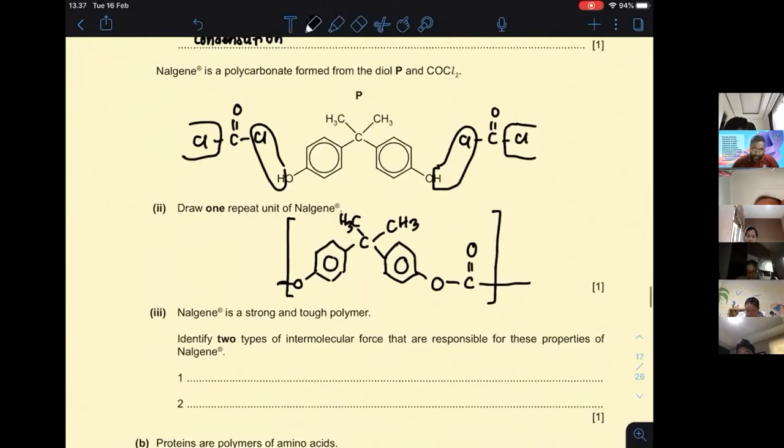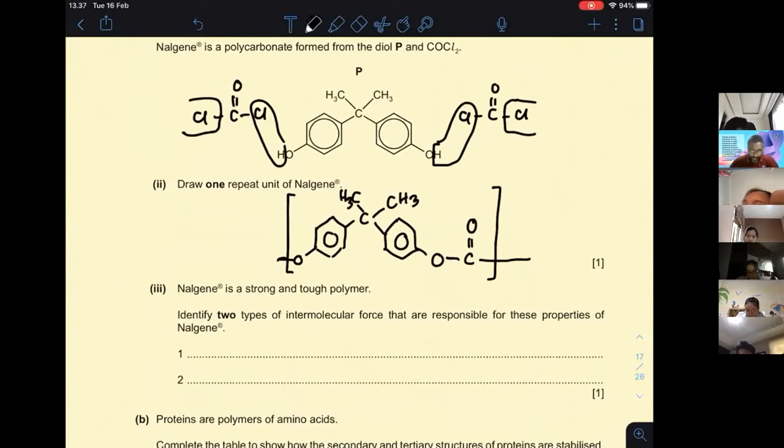Now, Nalgene is a strong and tough polymer. Identify two types of intermolecular forces that are responsible for these properties of Nalgene. So for intermolecular forces, we have hydrogen bonding, van der Waals forces of attraction, and permanent dipole-dipole forces. There are three.